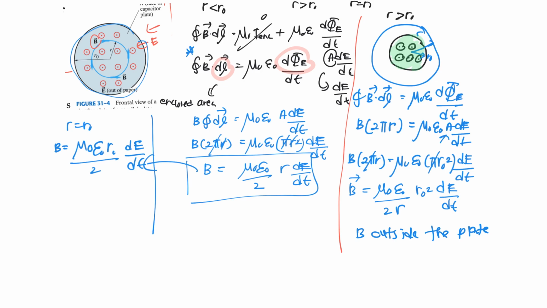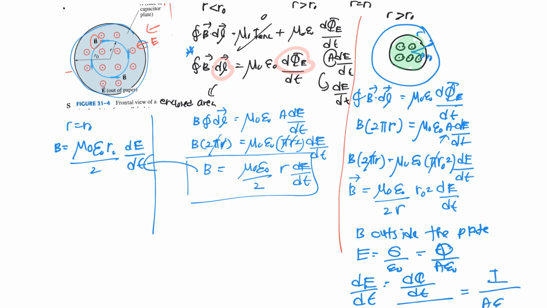So we are going to put here E equals to sigma over epsilon naught, which is Q over A epsilon naught. Okay, so if we have dE over dt, we are going to get dQ over dt over A epsilon naught, which means that it is going to be I over A epsilon naught.